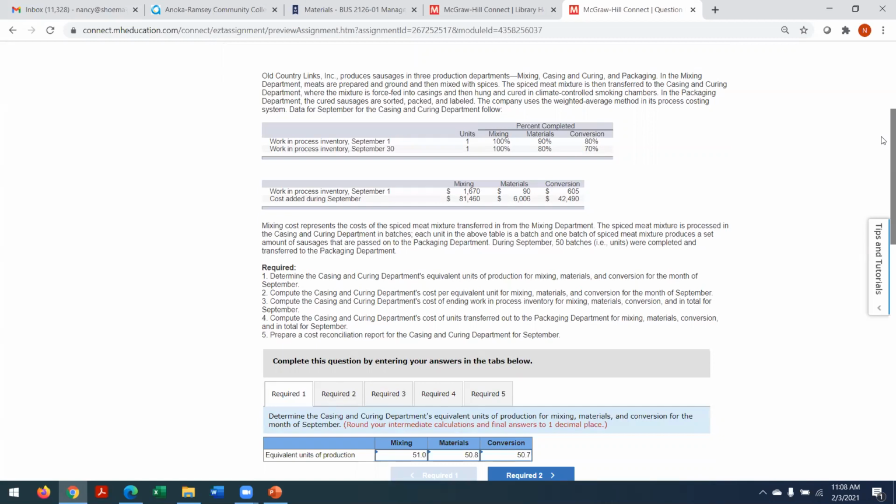Then we also see the work in process of mixing, 1,670. The materials, we have the cost here of 90, and conversion, 605.